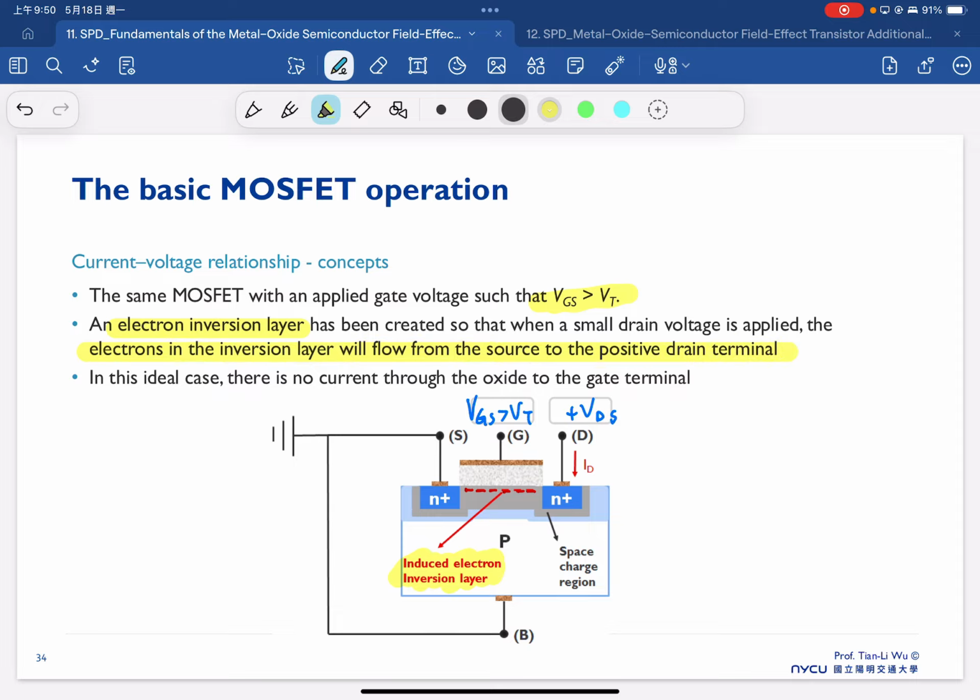This is exactly how we illustrated it in the previous slide: we have the positive bias here, so the electrons will flow from the source through the channel and reach the drain terminal, and this is the electron flow.